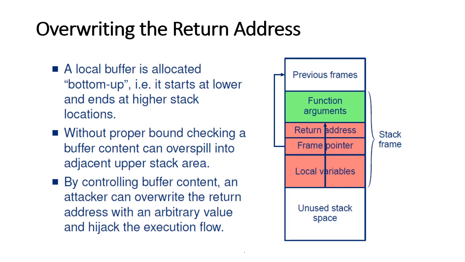So the local buffer is located bottom up. So they start at the lower end of the higher stack location. So without proper bound checking, especially by the programmer, who sets a constant for the array size, and then after that, when you use a local buffer larger than that, it overspills into the adjacent stack area.